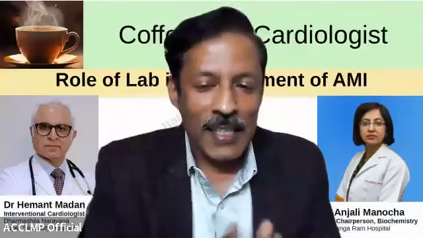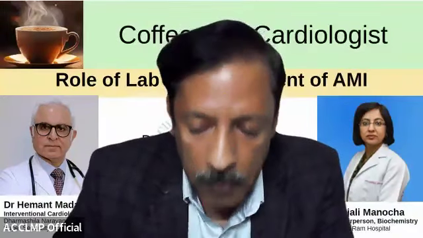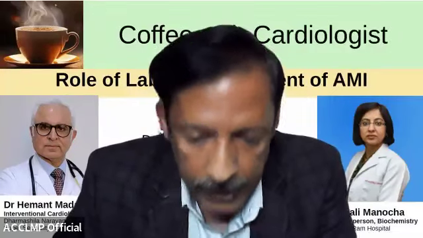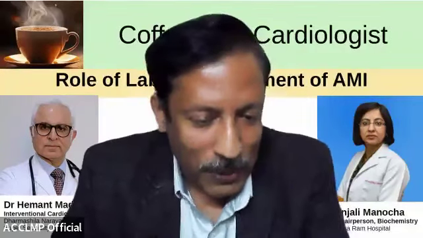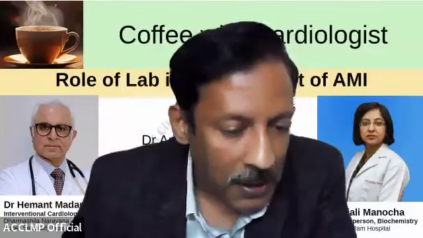I was expecting this answer, and this is something which I want to share with all the biochemists in the group. Sir, for you also: there's hardly any self-respecting biochemist, and all of us, I believe, are self-respecting biochemists, who don't push out a troponin result within 30-35 minutes.